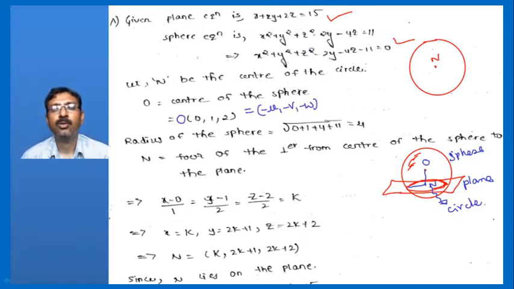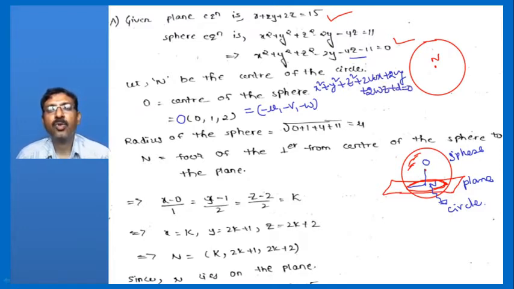Here, if we compare the equation to the standard form, x square plus y square plus z square plus 2ux plus 2vy plus 2wz plus d equal to 0. Here 2u equal to 0, there is no x term, that's why 2u equal to 0, implies u equal to 0.